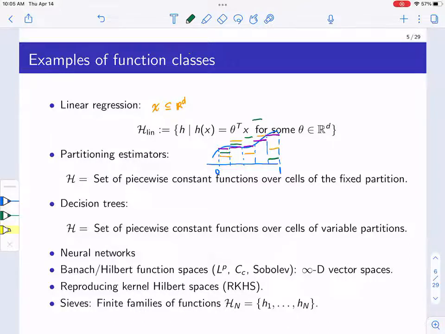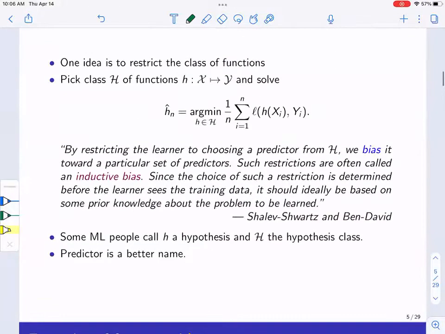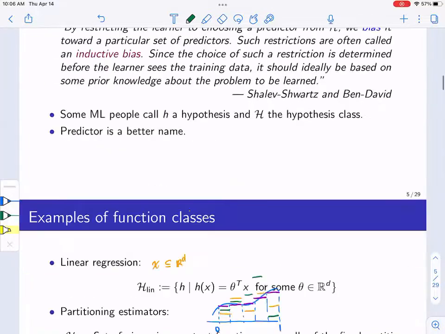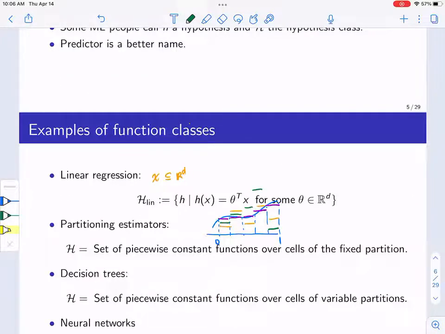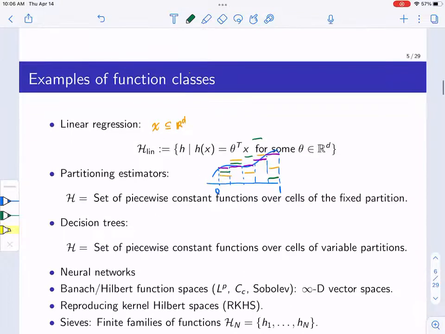And then if you minimize this cost function, let's say with the L2 quadratic loss, the values over these partitions are independently determined, and each has to be the average of the points there. This is not the average of the function, but the average of the training points. The thing that I wrote is the population version, the one with the true expectation. Okay, so partitioning estimators are an example.